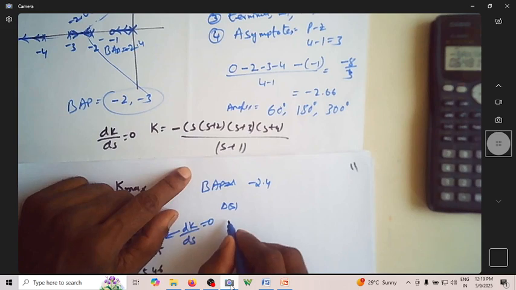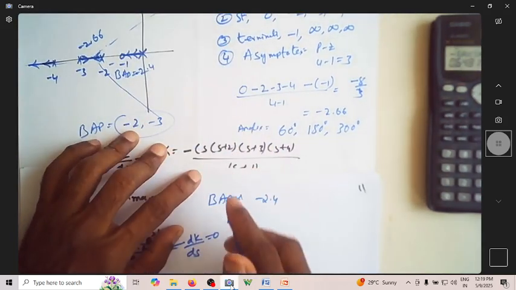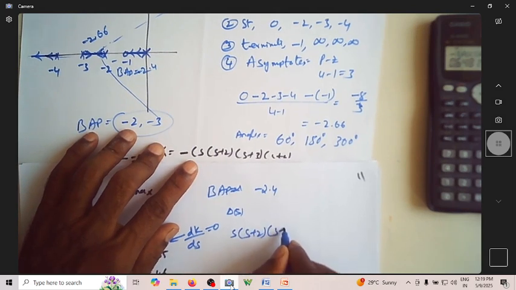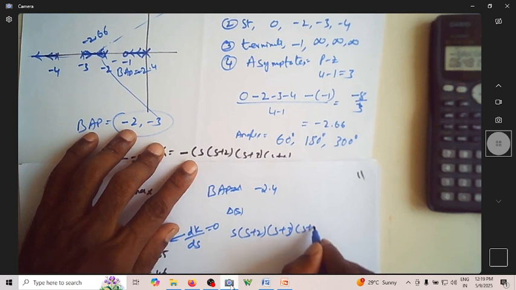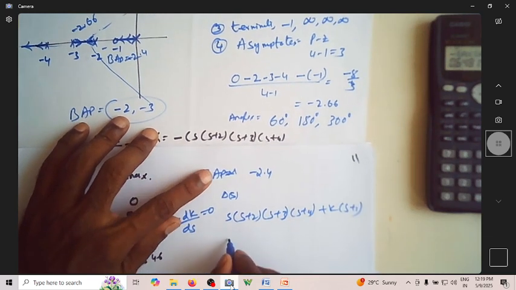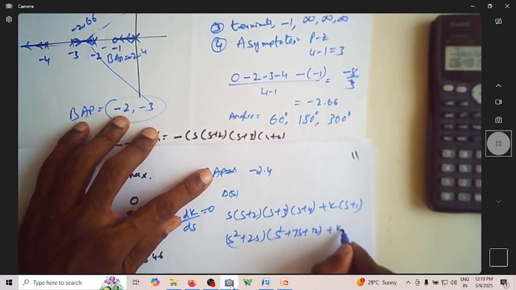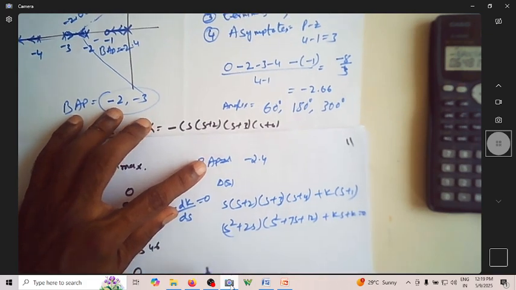Now what is delta of s? You have s into s plus 2, s plus 3, s plus 4, plus k into s plus 1. So it is s square plus 2s, and this is s square plus 7s plus 12, plus ks plus k equal to 0.